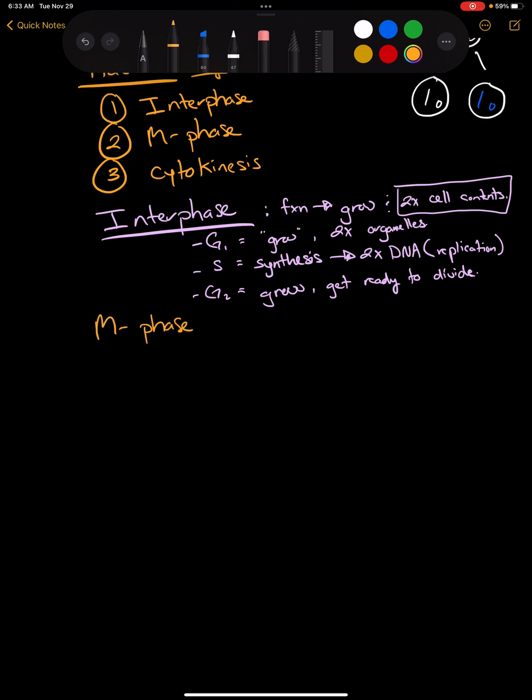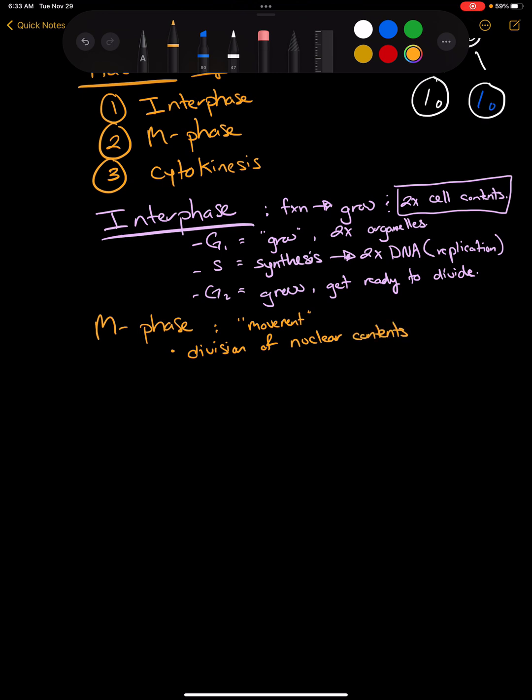Now, next one, my M phase. Now again, M doesn't stand for this, but I always like to think of M as movement. So I just doubled everything during interphase. Now I have to move it. So M, by definition, right, this is going to be the division of nuclear, again, we like to divide up our labor, of nuclear contents.